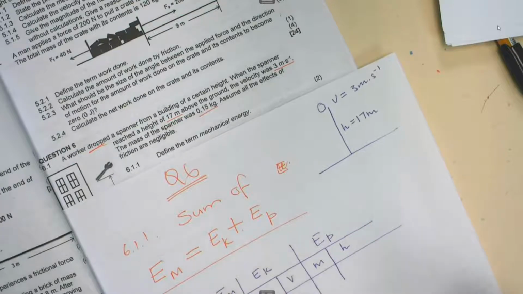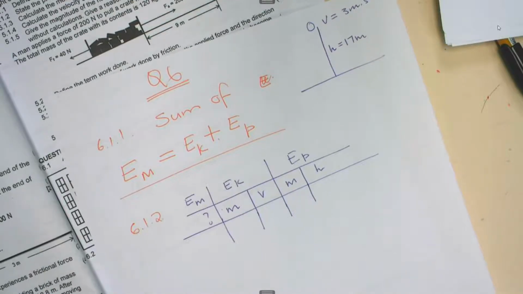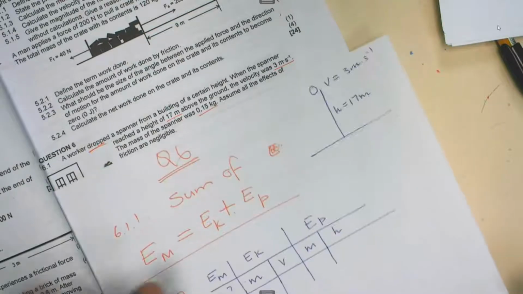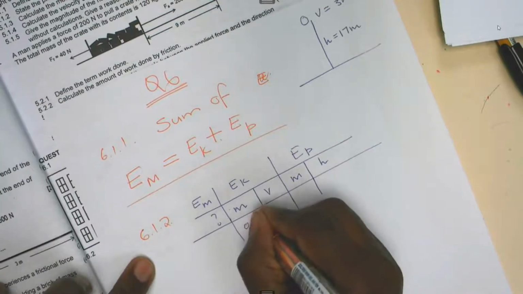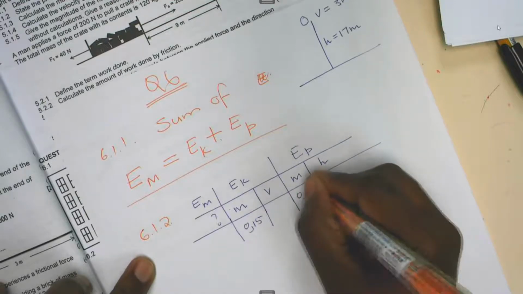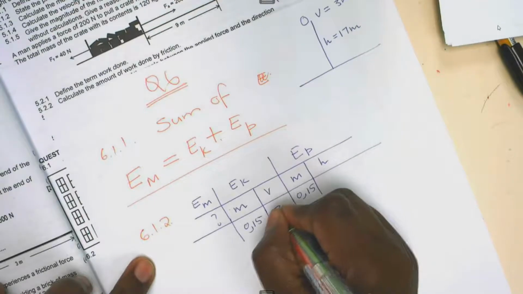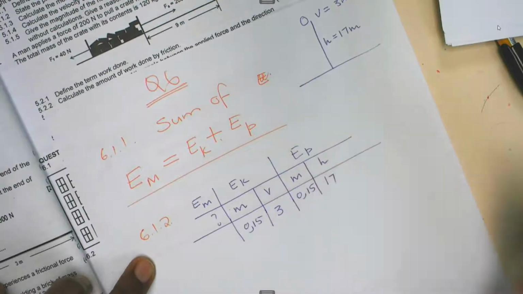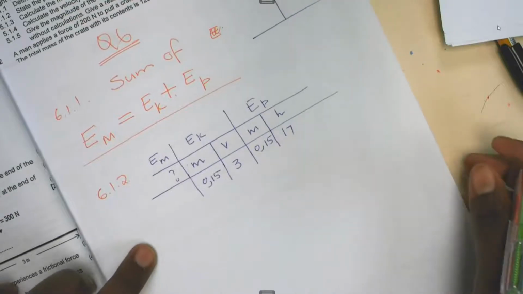The mass of this object is given. It's 0.15. Again, here you've got 0.15. The velocity is 3 and the height is 17. Then you've got all the values that you need.